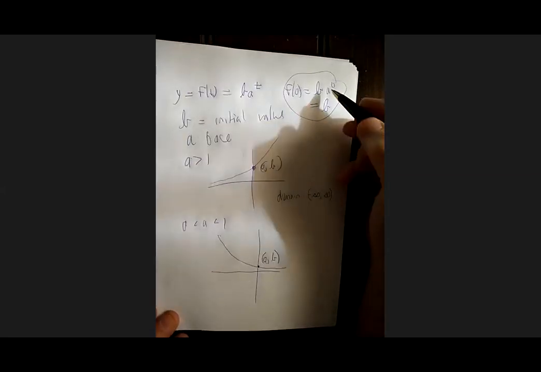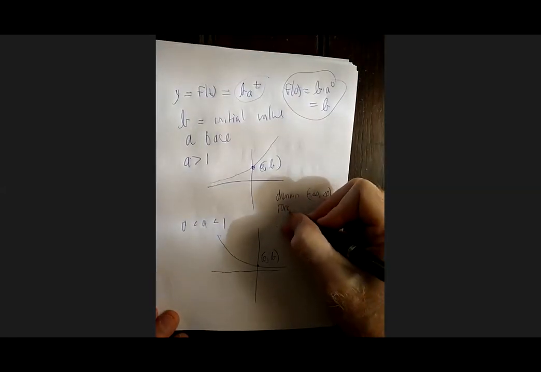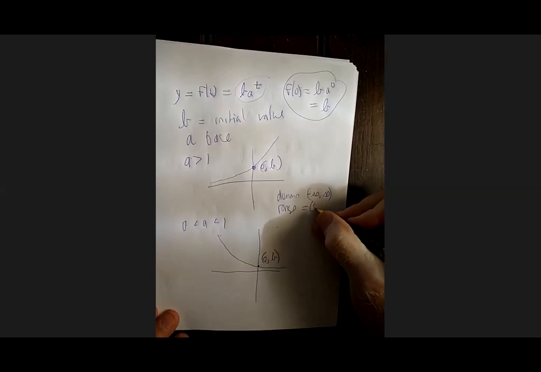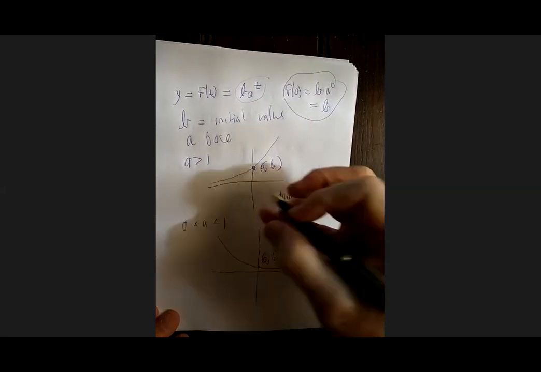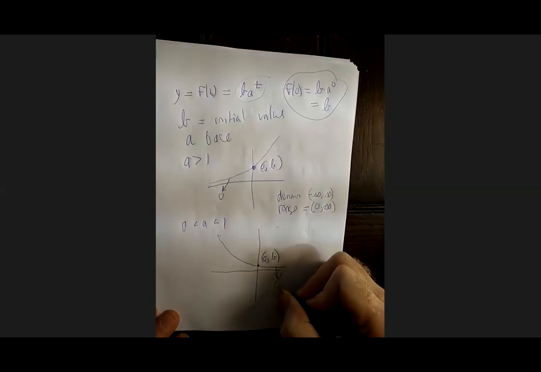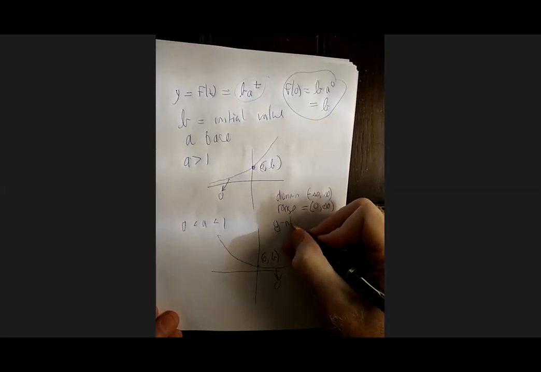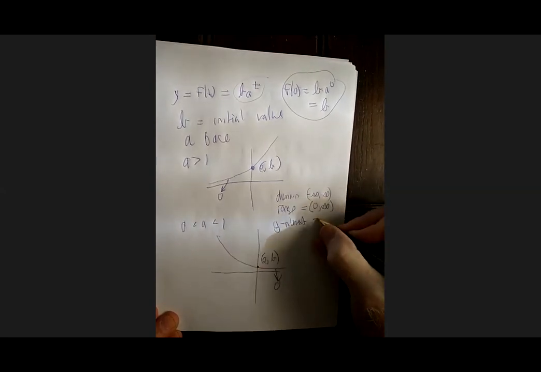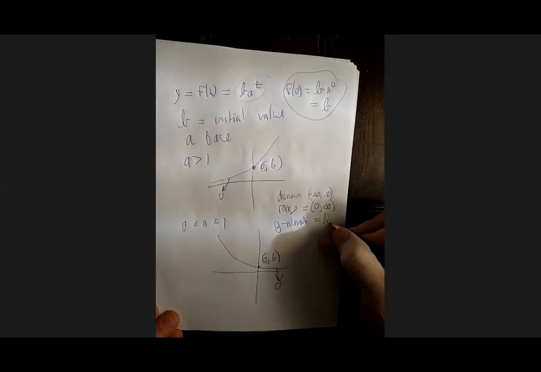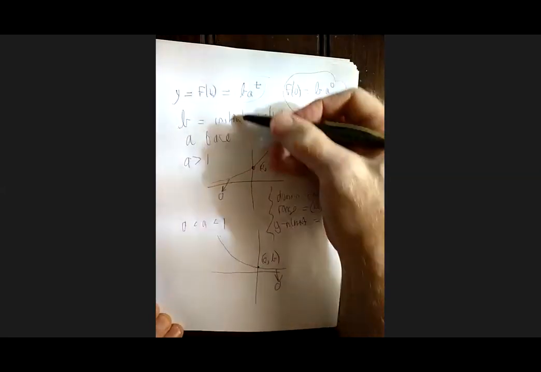There's no restrictions on what we can plug in. The range is going to be above 0. Over here, this graph approaches 0. Over here, this graph approaches 0. Okay. The y-intercept is going to be (0, b). And there are some other qualities which you can see in the video, but this is the basic information.